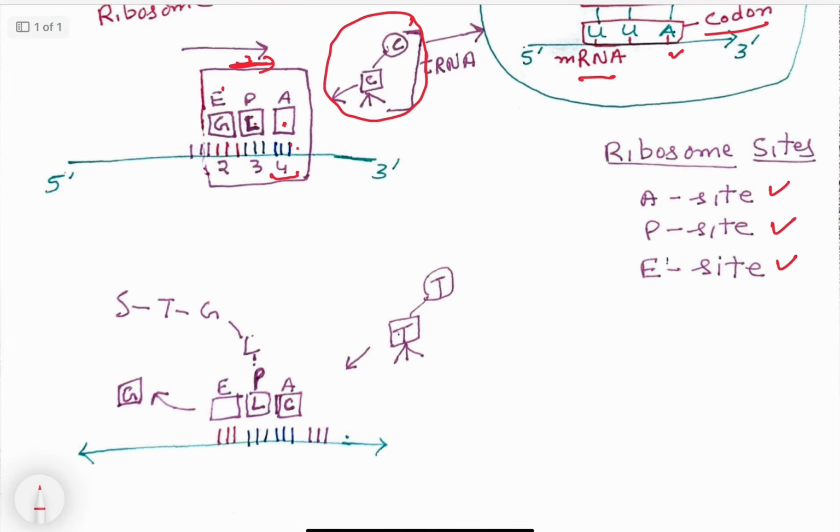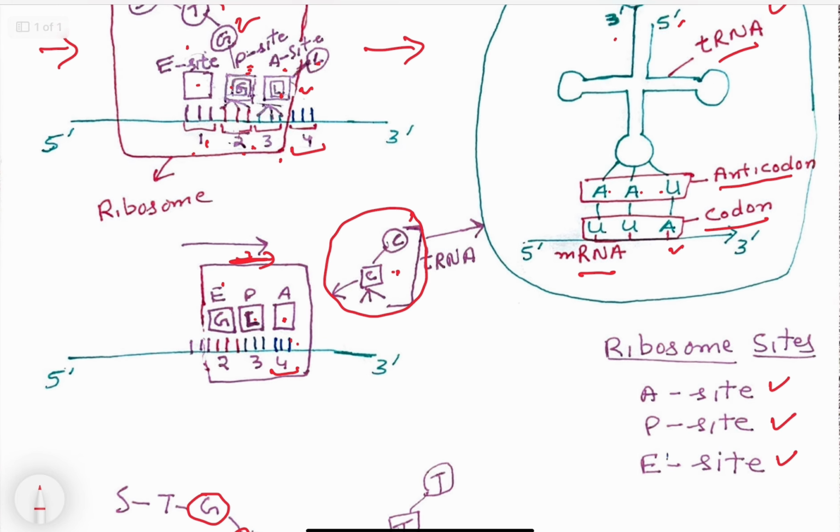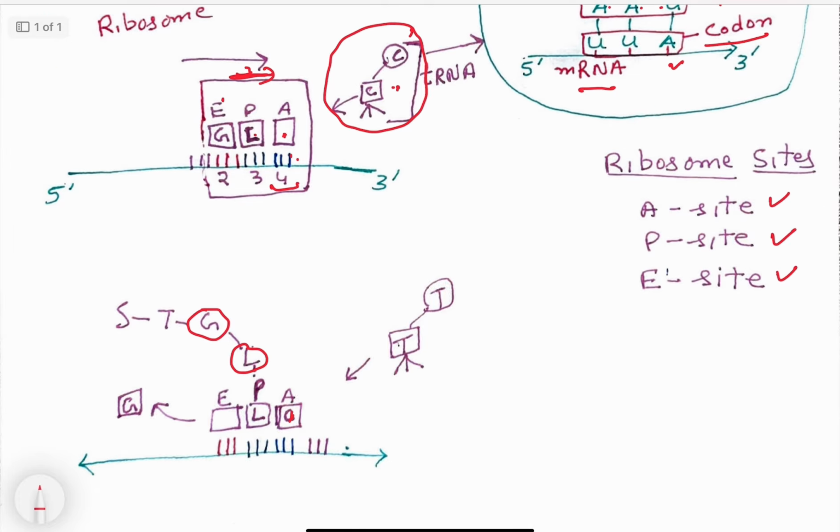And once this new tRNA, which is cytosine, is attached to A site, the leucine is already attached here, and look how G is moved forward from his previous position. Before it was right here. Now G has attached to another amino acid.